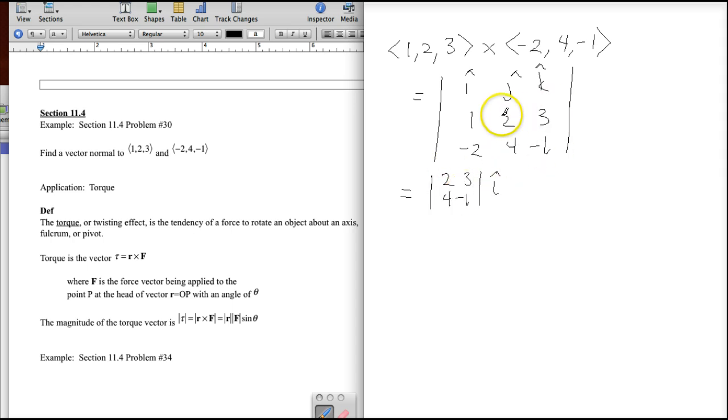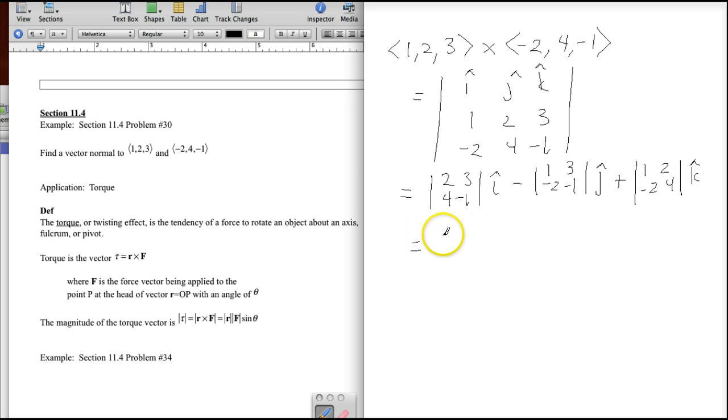That's these four here, minus, because we alternate signs, the next one's going to be j, and when I eliminate j, it's in the first row, second column, so I have 1, 3, negative 2, negative 1 left. And then plus the determinant of what happens when I take away k, first row, last column taken away, I have 1, 2, negative 2, 4.